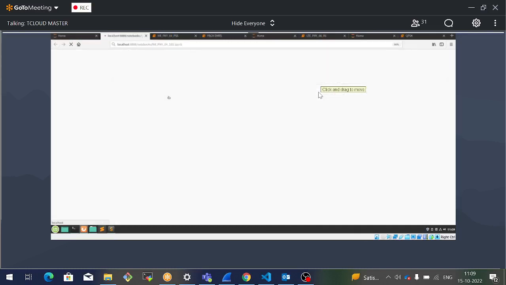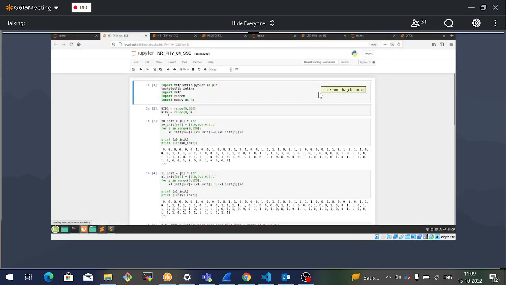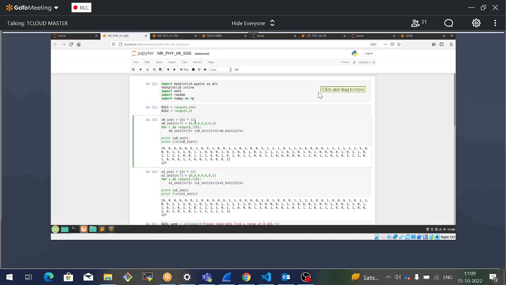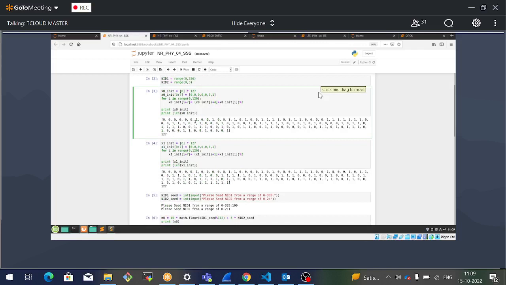Now SSS. Again you calculated the X sequence here also. You are calculating the X0 sequence, which is 127 bits, and the X1 sequence, which is 127 bits, because we have 2 equations in the SSS case.